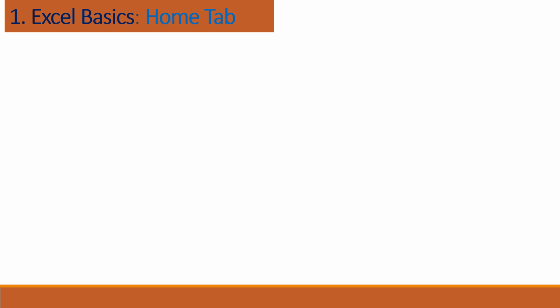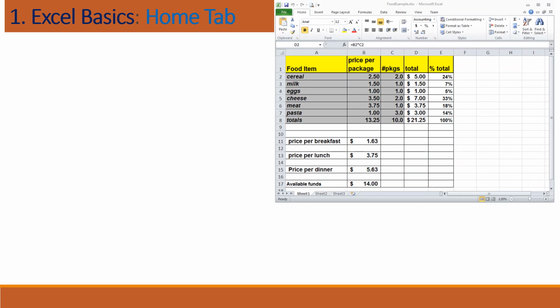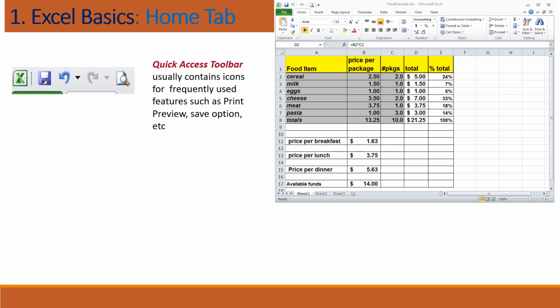Now, starting with the first category, which is Introduction to Excel Basics. A typical Excel user interface looks like this. On it, it contains the quick access toolbar, located at the top left corner.